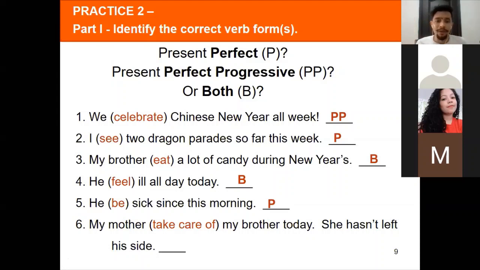We can call them sentimental verbs. Why not? They show a sort of emotion. When we have this kind of verbs, we cannot use the progressive form. We need to use the normal form, the simple one, so the present perfect one.